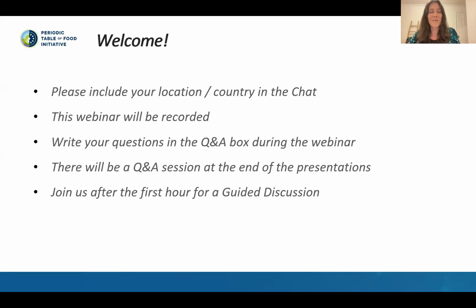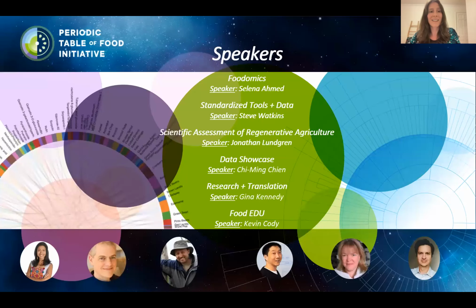And today, we're really happy to be hosting with Periodic Table of Food Initiative. We'll talk about this new initiative around Foodomics. What does that mean? Well, what's in the food that we eat?